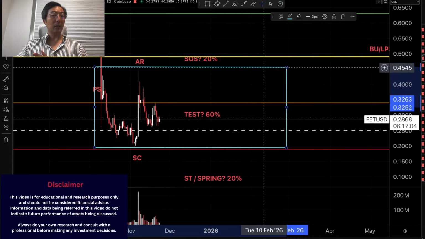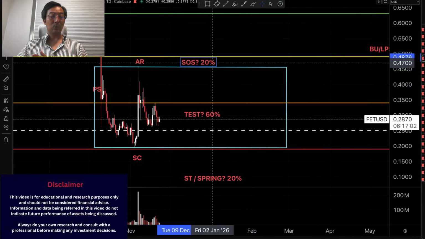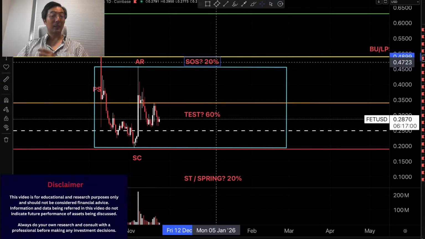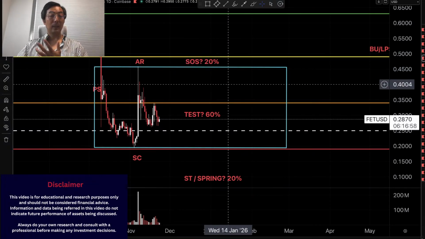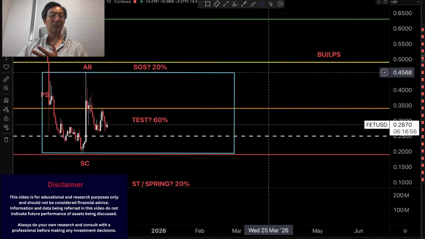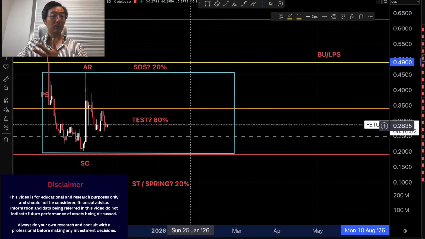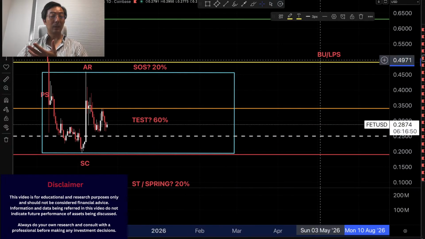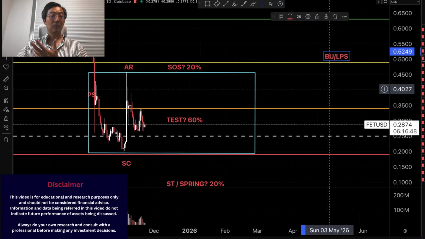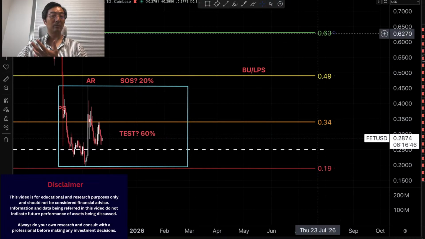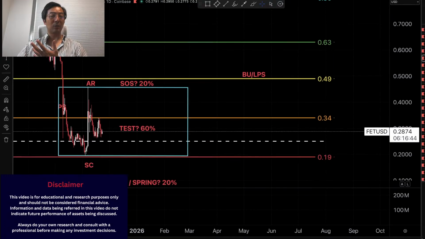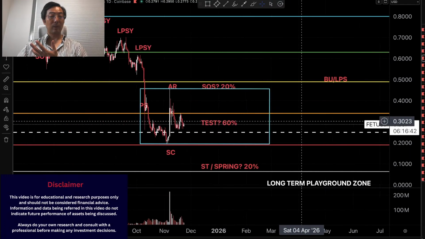That's around 45 cents, where we want to see the sign of strength hit. It can go higher, it can challenge the yellow key level, that's totally fine. But after that, it may come down for more tests again until there are sufficient people willing to jump in and push the price into a new distribution cycle.